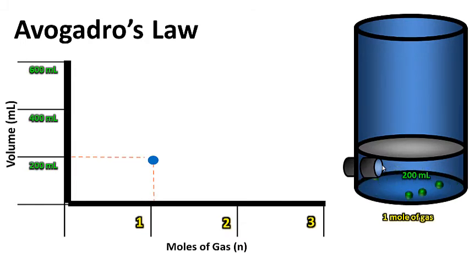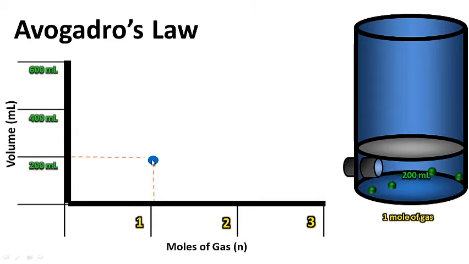Okay, so Avogadro's law. Now we're not looking at anything except volume and the amount of gas molecules, or moles of gas. Let's say we have 1 mole of gas here with a volume of 200 milliliters, and our graph shows this.